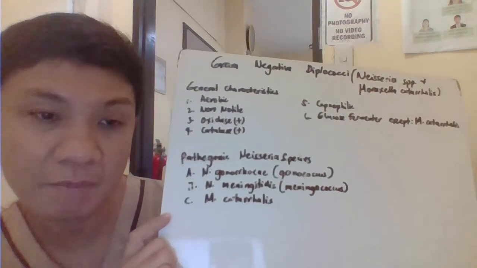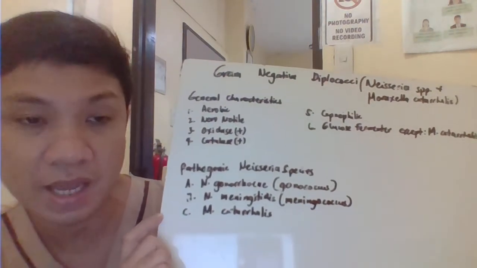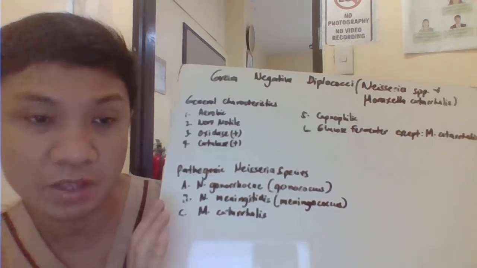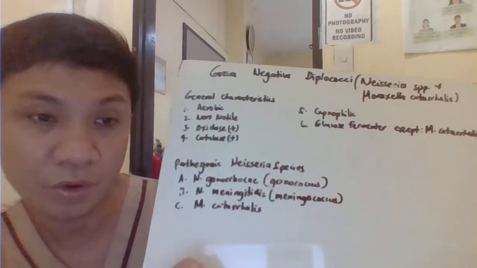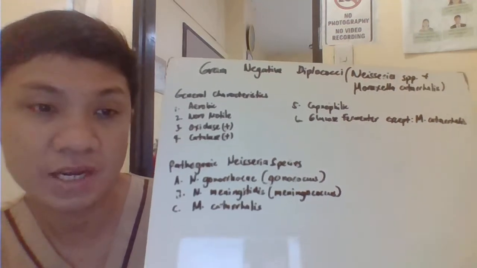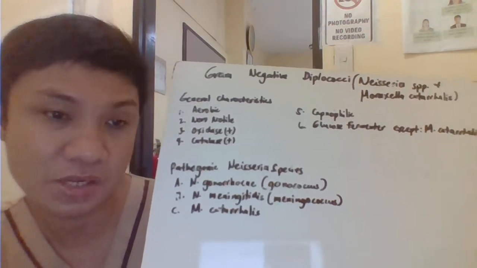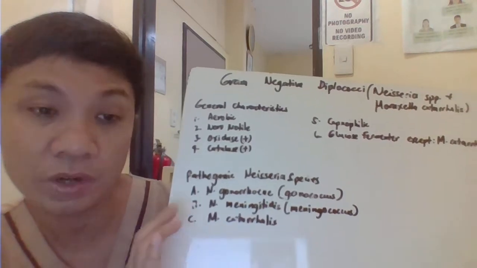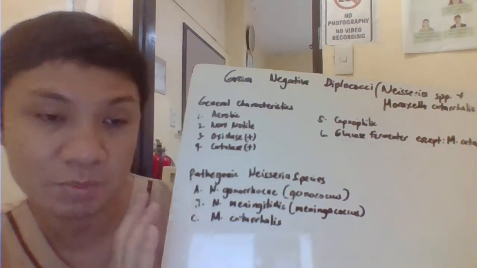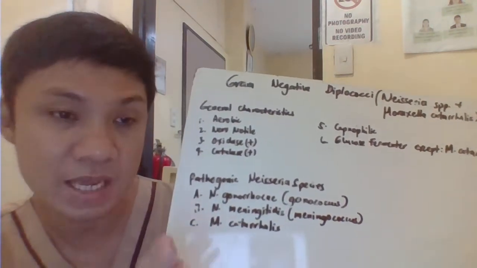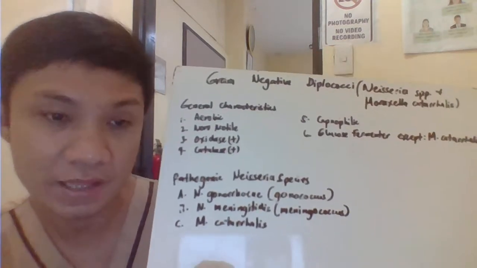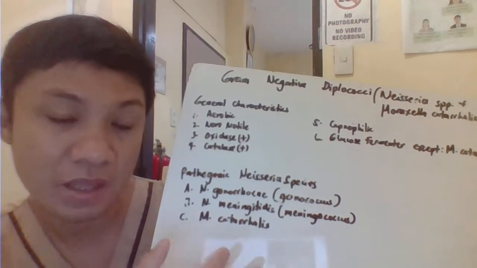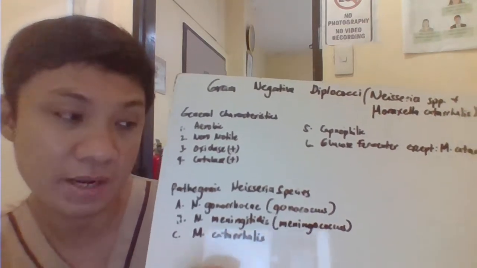So we have here the pathogenic species: Neisseria gonorrhoeae, which you call the gonococcus, Neisseria meningitidis, the meningococcus, and Moraxella catarrhalis. Today we are going to discuss all three species with their morphology, disease association, and the different laboratory tests that help identify them.